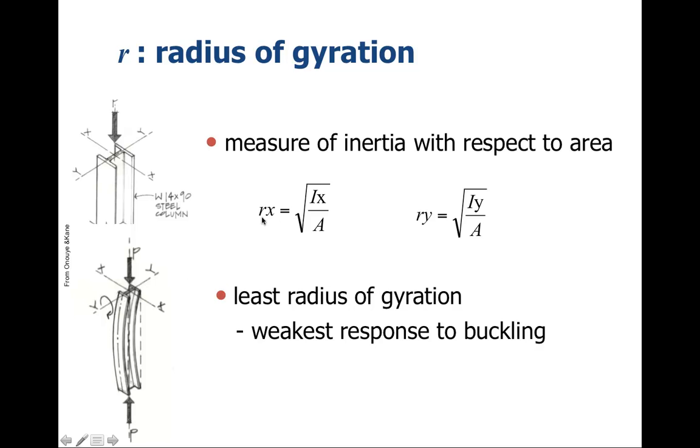So we have R sub x equal to the square root of I sub x over A, versus R sub y, the square root of I sub y over A. The least radius of gyration represents the weakest response to buckling, or the place that buckling is most likely to occur.